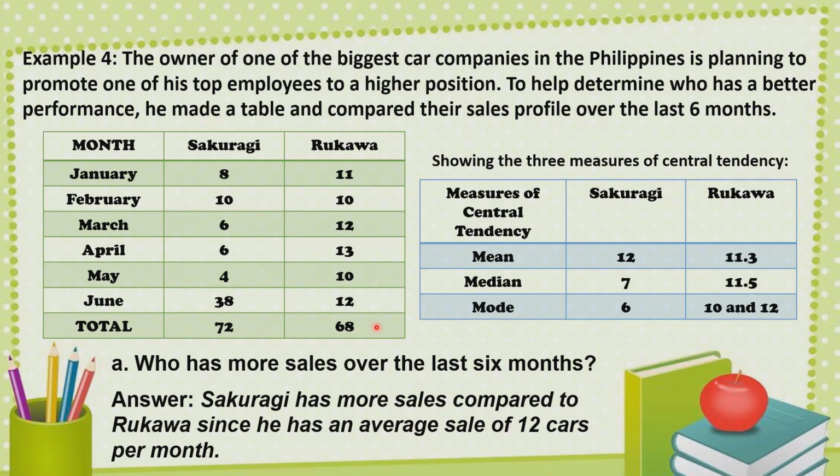So the answer is Sakuragi has more sales compared to Rukawa since he has an average sale of 12 cars per month. We can see that here in the mean. Sakuragi's mean is 12 while Rukawa's mean is 11.3.